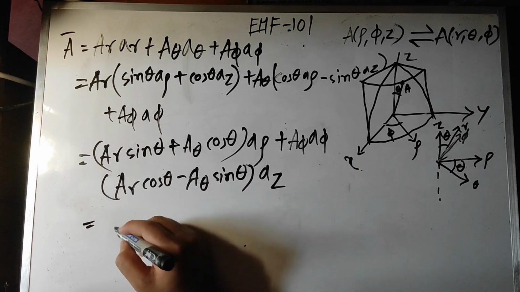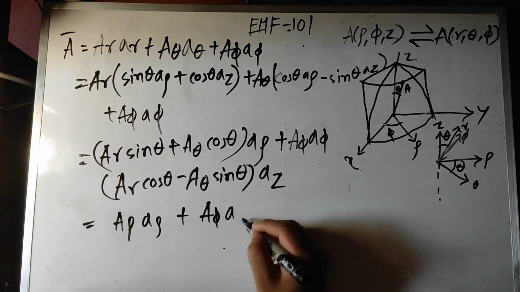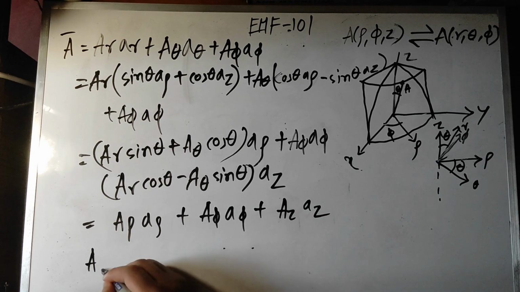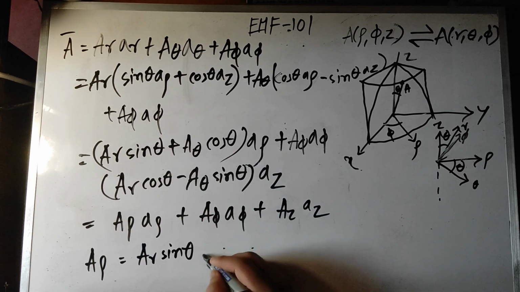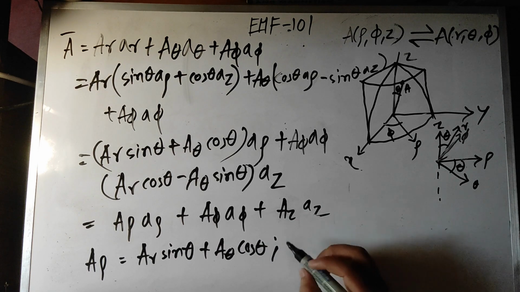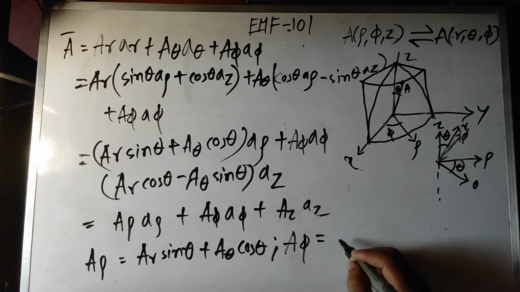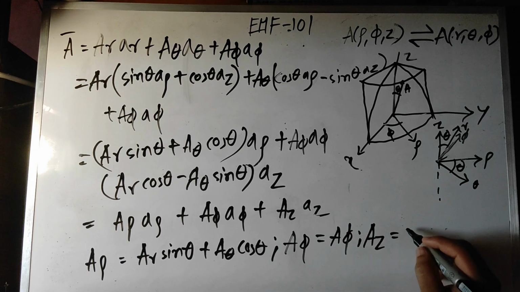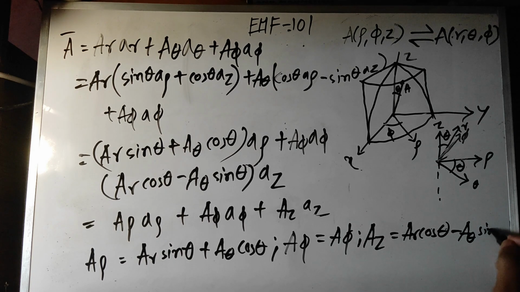This will give A rho in the direction A rho plus A phi plus Az in the direction Az, where A rho is AR sin theta plus A theta cos theta, and A phi is A phi. Az has the components AR cos theta minus A theta sin theta.